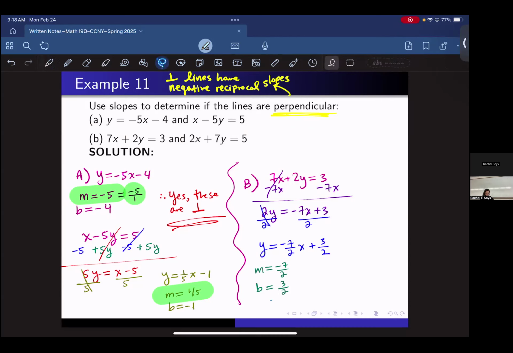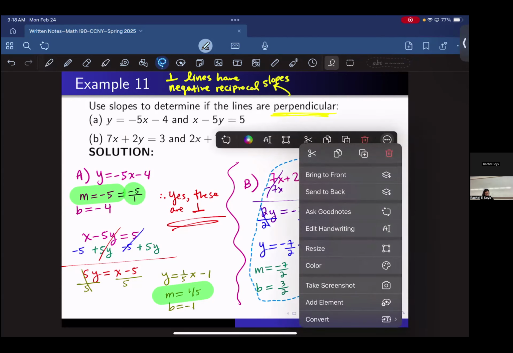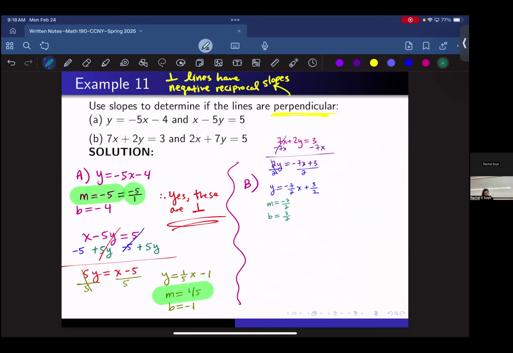Let's compare this to our 2x plus 7y is equal to 5. Subtract both sides by 2x. We have 7y is equal to 5 minus, or let's put the negative 2x first.